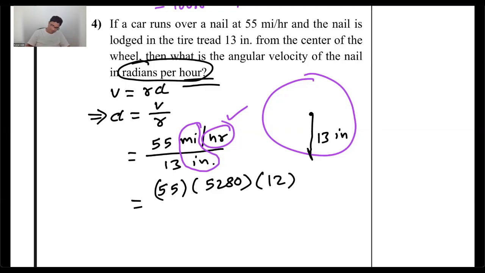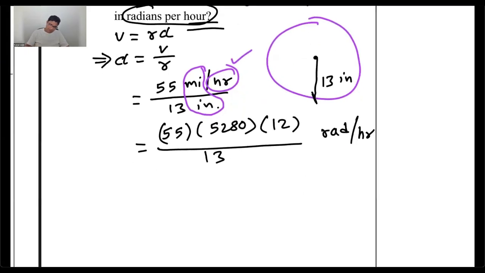Now that is in inches divided by 13 inches. Both are in inches now, so you can cancel that and say your answer now is in radians per hour. That's how it works. Here the radius is 13, by the way. You would have already noticed that.